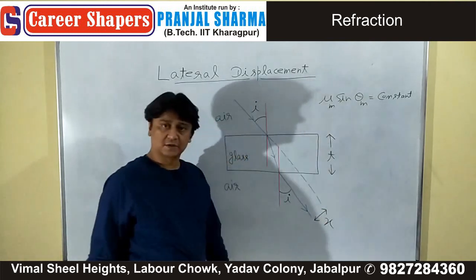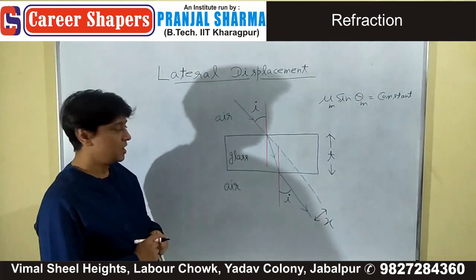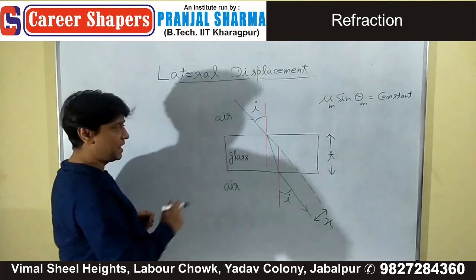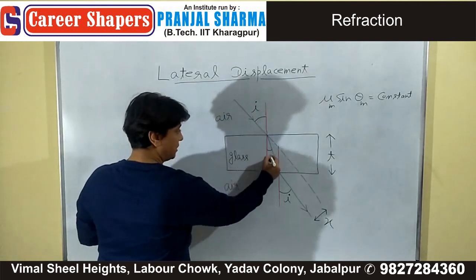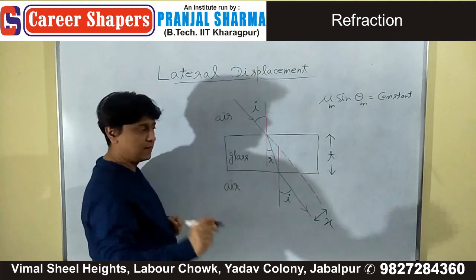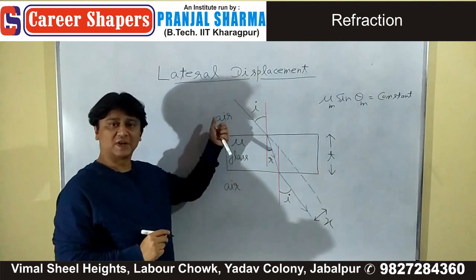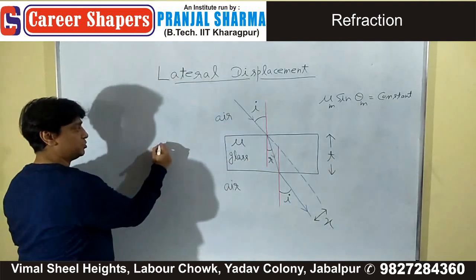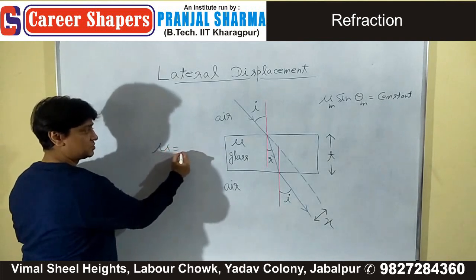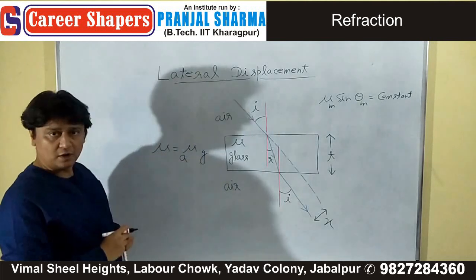Let's call it x. This x is the lateral displacement, and we need to find x in terms of I, R, and the refractive index of glass with respect to air, where mu represents the refractive index of glass with respect to air.